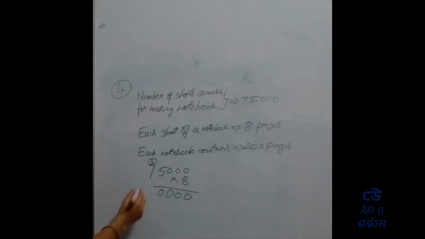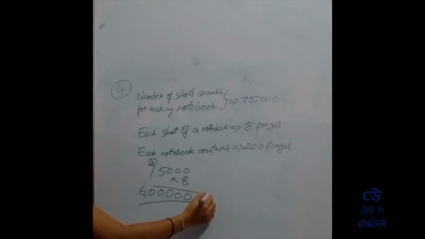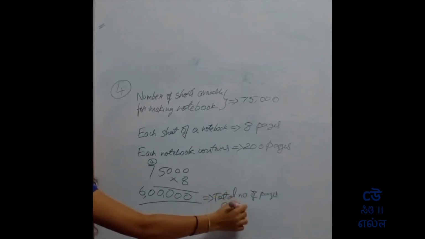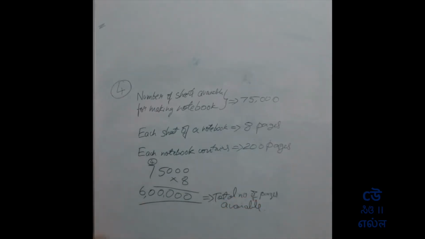So 56 plus 4 is 60. Thus 6 lakh pages are available for making the notebook. So the total number of pages available is how much? Number of sheets available and how many pages each sheet contains, these two we can multiply and find the total number of pages available.